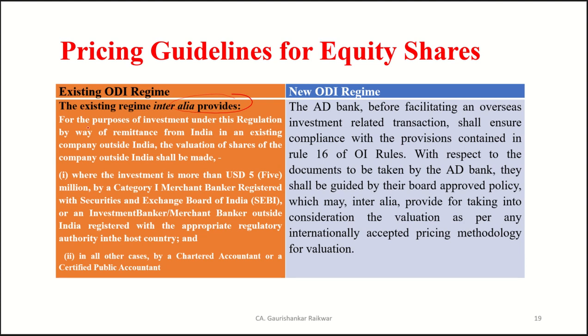For investment by way of remittance from India in an existing company outside India, the valuation of shares of the company outside India shall be made, where the investment is more than 5 million, by a Category 1 merchant banker registered with the Securities and Exchange Board of India or an investment merchant banker outside India registered with the appropriate regulatory authority.